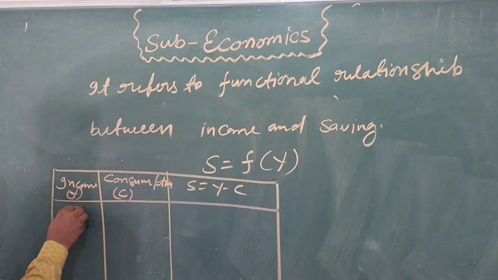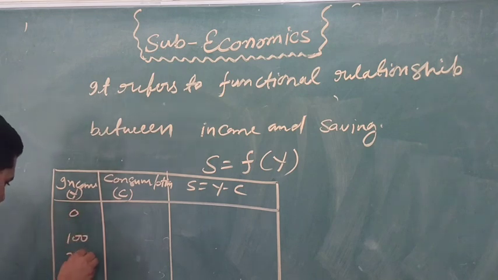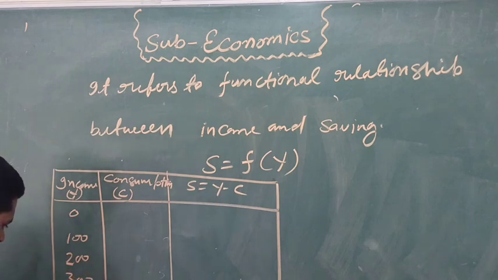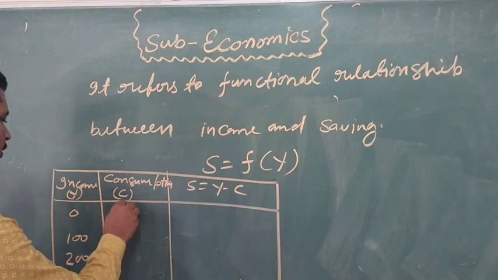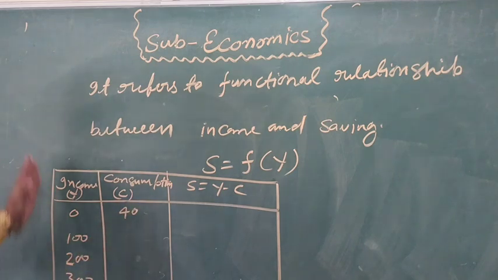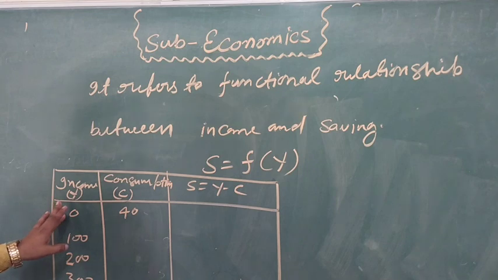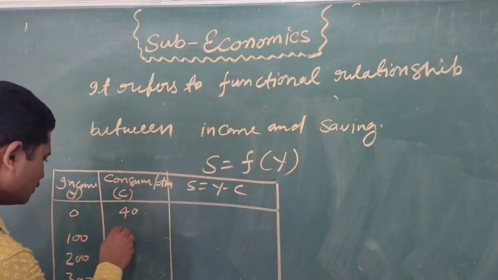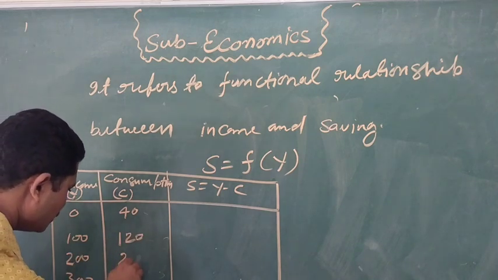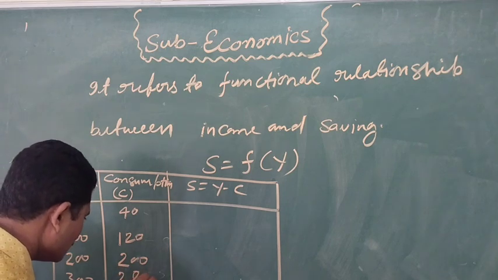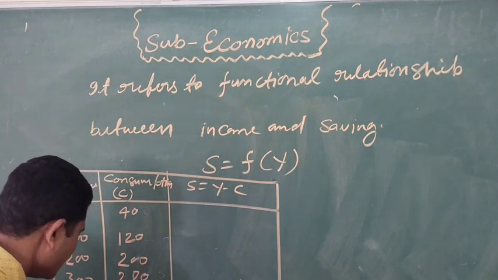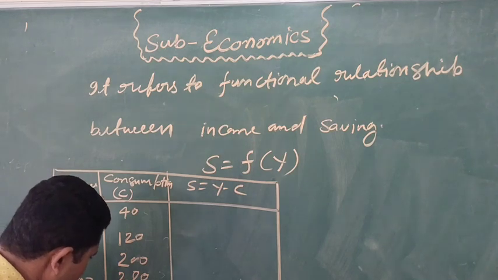Let us assume that income is 0, 100, 200, 300, 400 and 500, and all values are in crore. Then consumption is 40 crore, 120 crore, 200 crore, 280 crore, 360 crore and 440 crore.